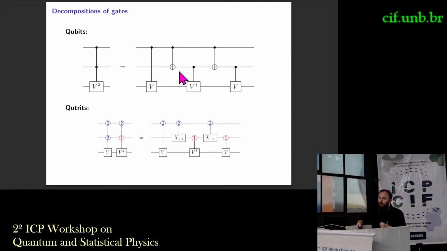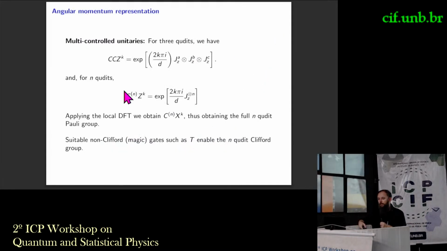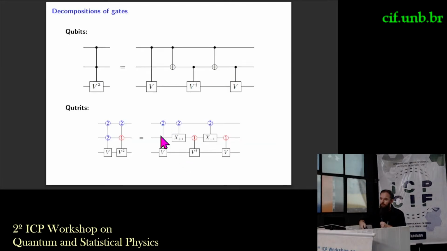So the idea is that we can decompose, for example, a 3-qubit gate in terms of more familiar things, sequences of 2-qubit gates.